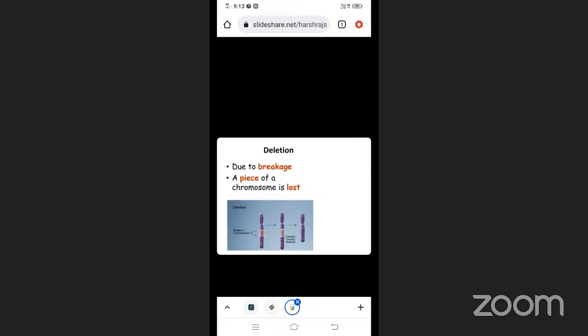Here the base analogues are chemicals that are structurally similar to the bases in DNA but may have different base pairing properties. That is, bromouracil is structurally similar to thymine.